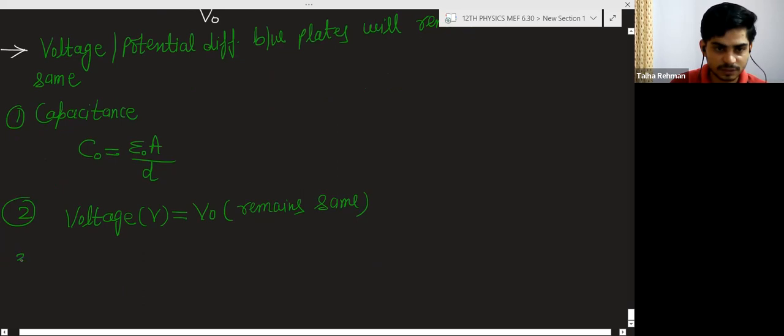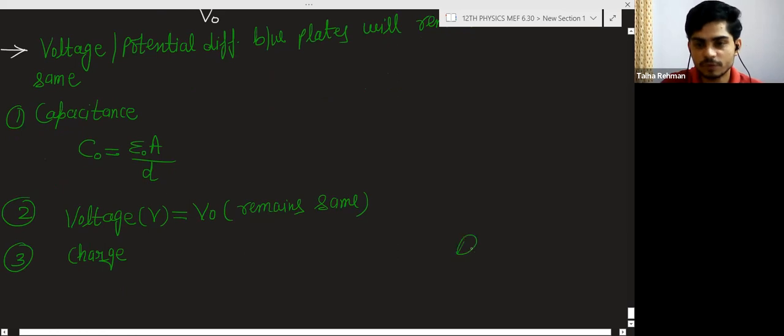And third, charge. For calculating charge, we will use the formula Q is equal to CV. So what is capacitance here?